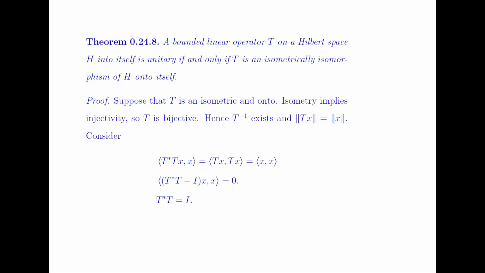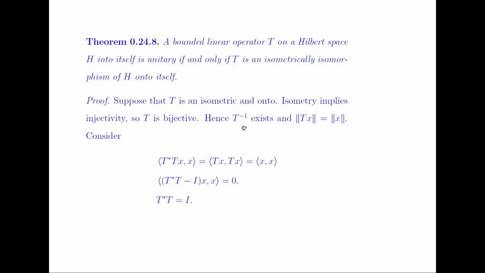Further, a bounded linear operator T on a Hilbert space H into itself is unitary if and only if T is an isometric isomorphism of H onto itself. So suppose that T is isometric and onto. Here the isometry implies injectivity, so it is bijective.